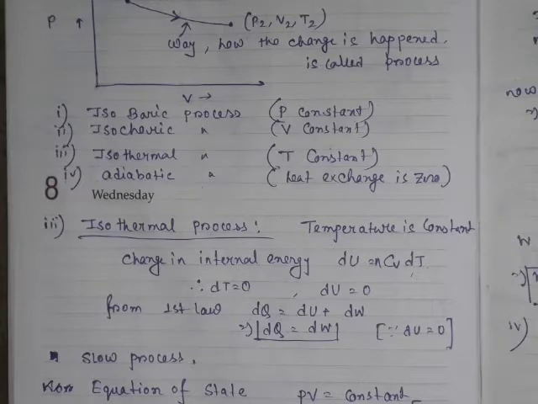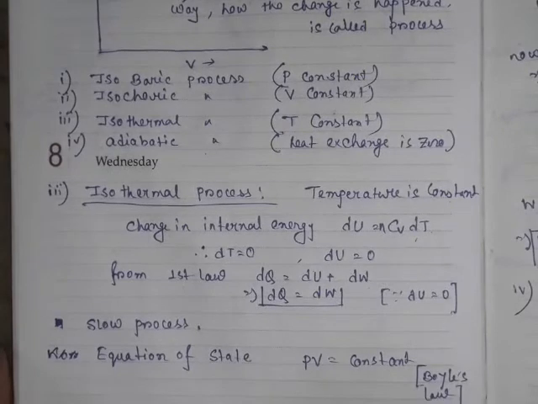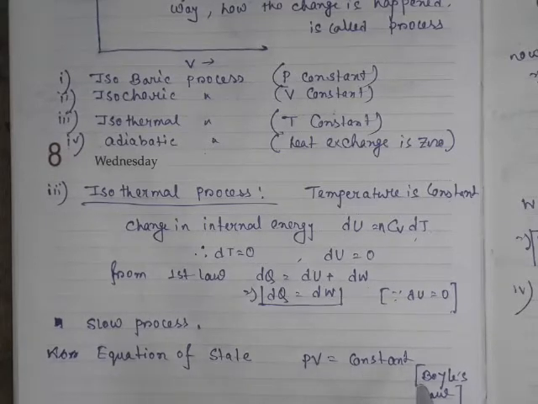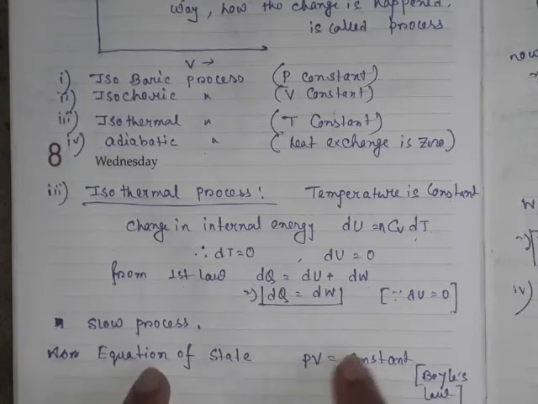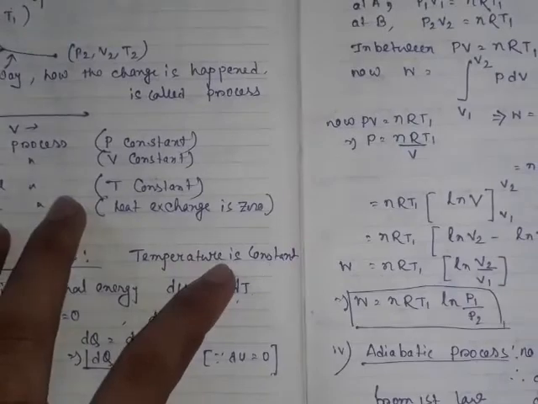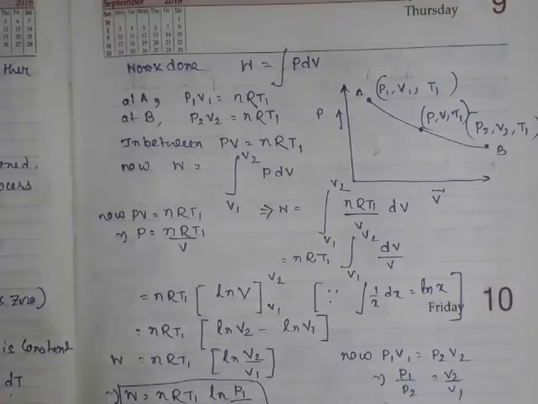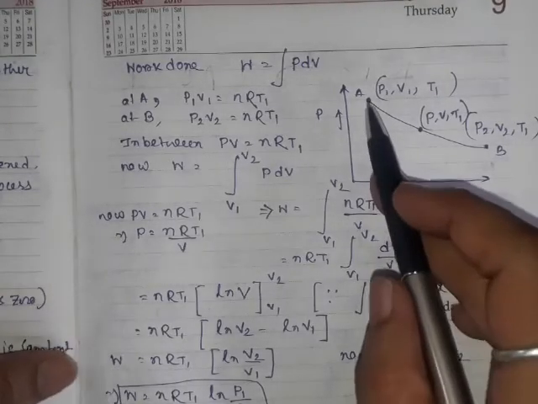So this process is a slow process, and the equation of state, that means the relation between pressure, volume and temperature, that we use is PV equals constant. As our temperature is constant, Boyle's law holds good here, so PV is a constant for this kind of process.